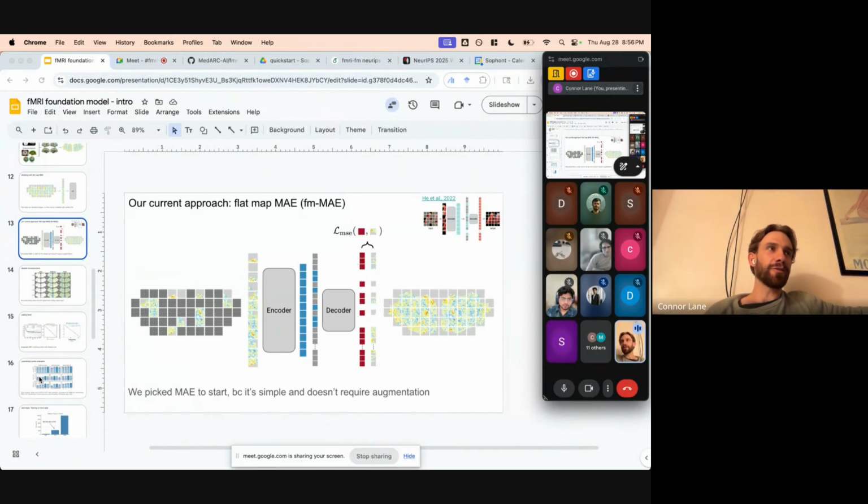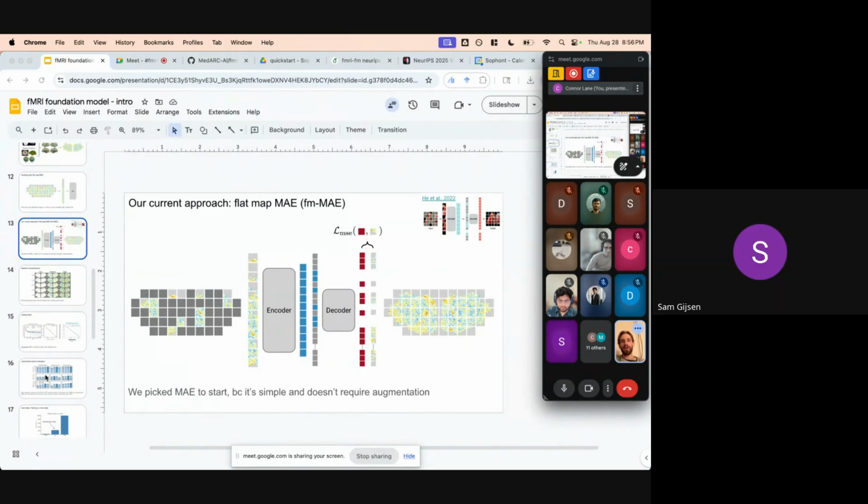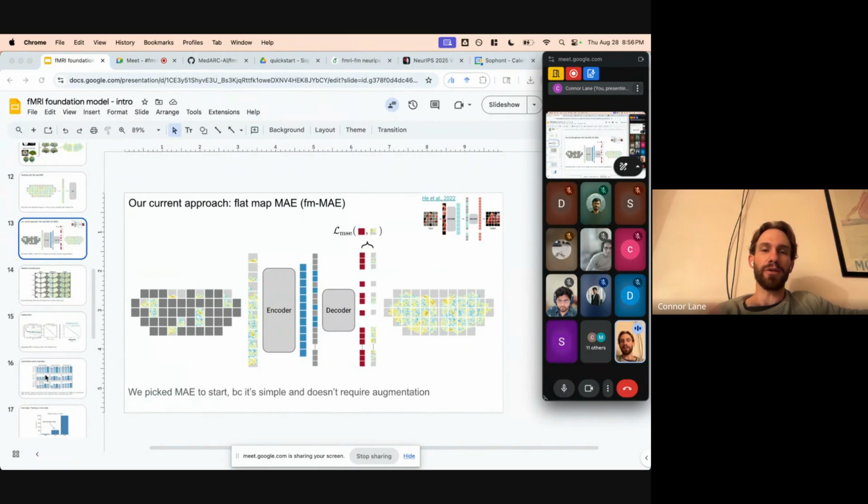Yeah, that's quite a good question. You're paying very close attention, even though I didn't go into that part of the figure. Two things to say on this quickly. When I went over the MAE architecture, I talked about it just from the perspective of the vanilla MAE, which is not spatial temporal. I made this figure up just to say, okay, we're given a single frame of the flat map and we're reconstructing the unobserved patches for that single frame.